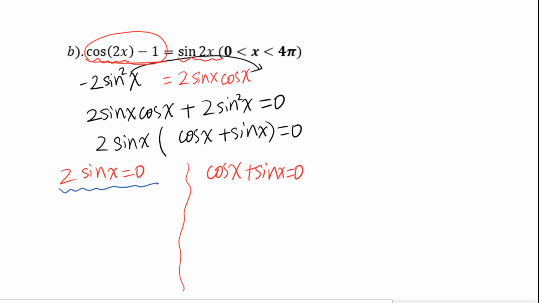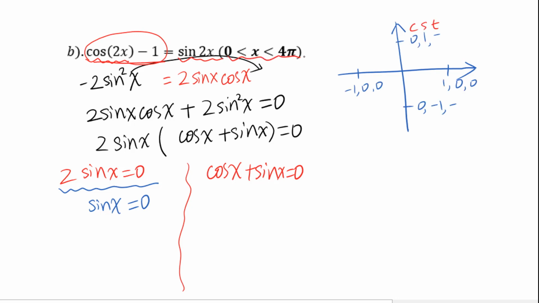Let's solve this equation. Divide by 2 on both sides, we get sine x equals 0. This x is a quadrantal angle. Therefore, let's draw the quadrantal angle coordinates. The given domain is x greater than 0 and less than 4 pi.